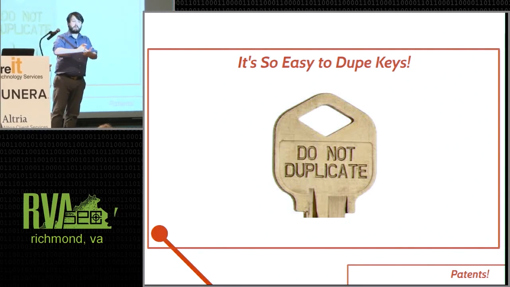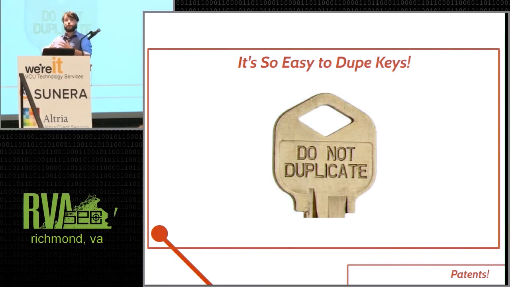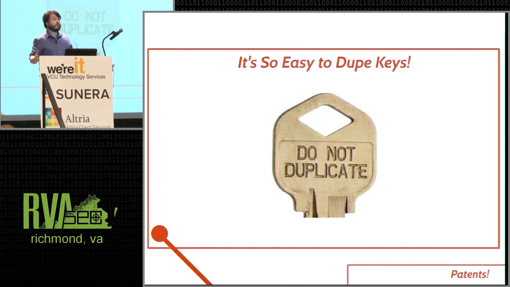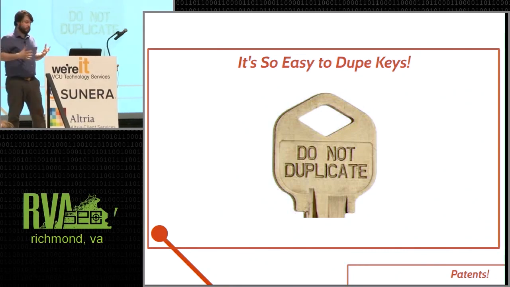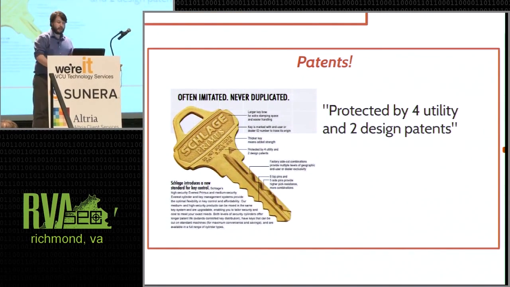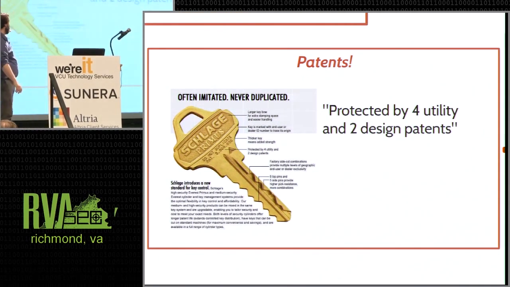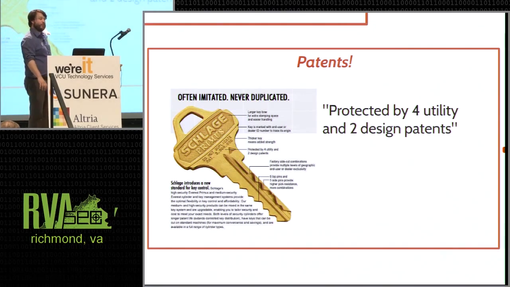And this was offered as a safety feature. There are a lot of key-based attacks where if somebody has a blank to your lock, they can do a lot of things to it in order to open it up. By patenting it, they can no longer do that. Schlegel Primus, in their marketing literature, says that this key is protected by 4 utility and 2 design patents, so nobody can create generic blanks for it.